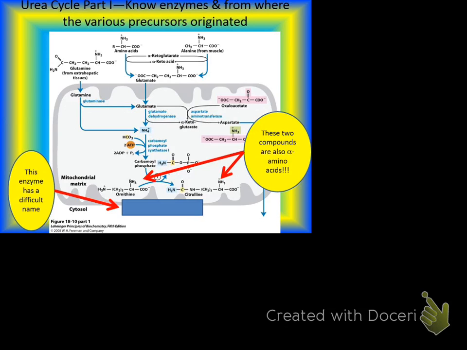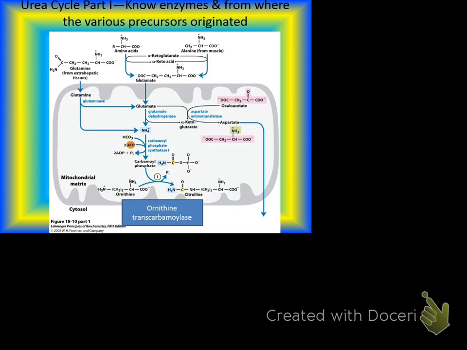It's a transferase. And so what is it transferring? Carbamoyl. And so for the name of this one, I would have accepted carbamoyl transferase, but they also call it transcarbamoylase, which makes me feel like I'm swallowing my tongue whenever I say it.